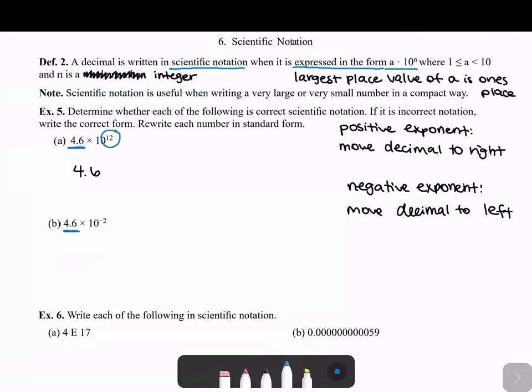And this is because, as just explained, moving the decimal multiplies or divides by factors of 10. So if we want to multiply it by 12 factors of 10, we move it 12 places to the right. 1, 2, 3, 4, 5, 6, 7, 8, 9, 10, 11, 12. And that's where our decimal point is now. And so every place that didn't have value before just gets filled in with zeros.